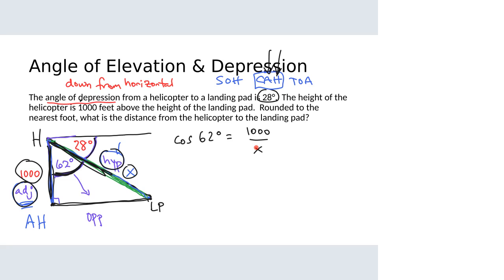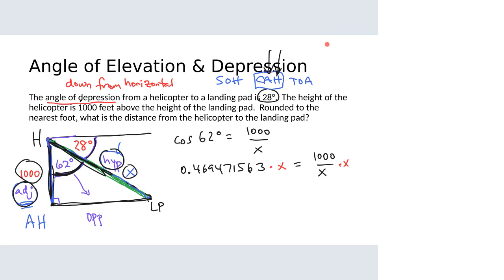Cosine of 62 is 0.4694071563. And that's going to equal 1,000 over x. As we've done before, I'm going to multiply both sides by x to get the variable out of the denominator.